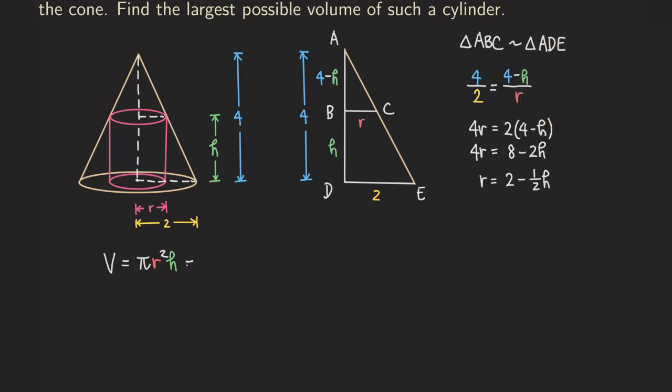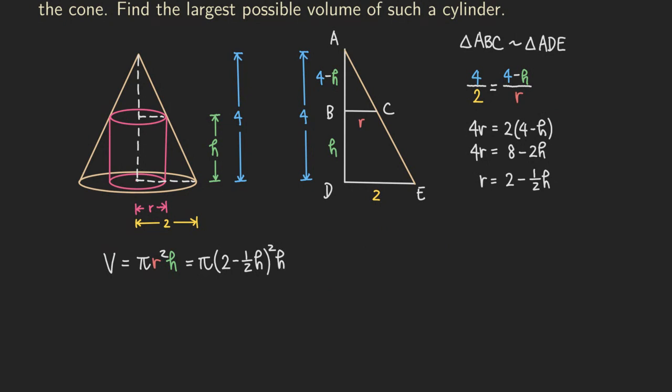So what do we have here? The pi doesn't change, and then the R is replaced by 2 minus 1 over 2H, and then there was a square, and then there was also H on the outside.